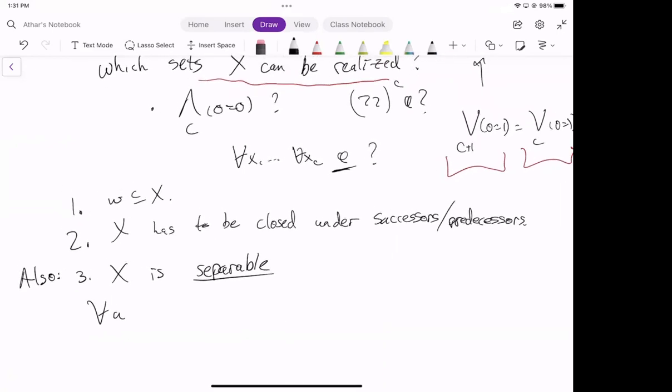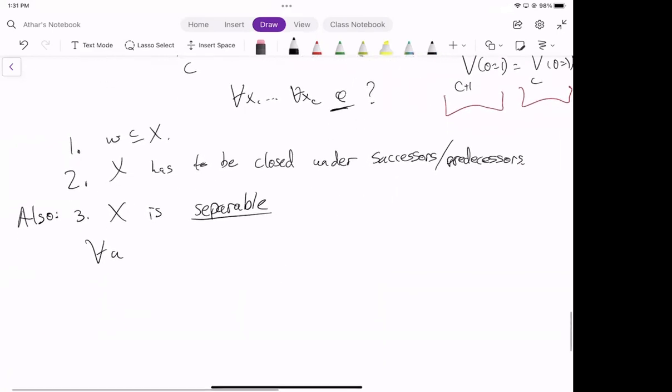For each A, there's a C that I think of as a separator, which says for every n in omega, C is going to tell you which of the elements of the sequence coded by A are in X. I guess equivalently, you could say you could have C literally code X intersect A, or up to omega.